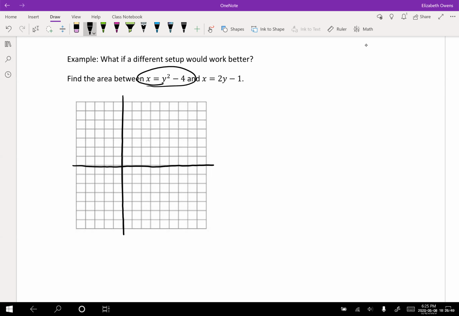It's just on its side. So this is a horizontally oriented parabola that's been moved to the left by 4 units. So it's going to have a vertex here at -4, and then open outward from that point. So I'm going to put in our parabola here.